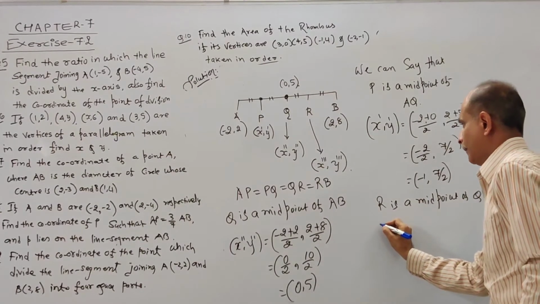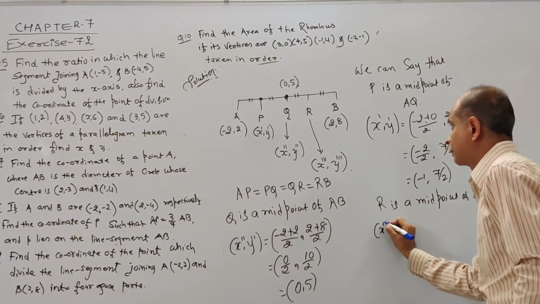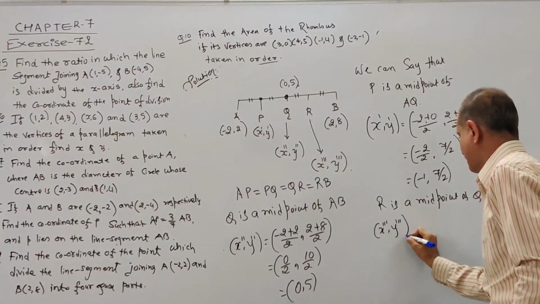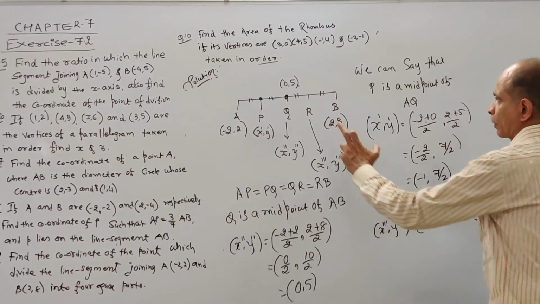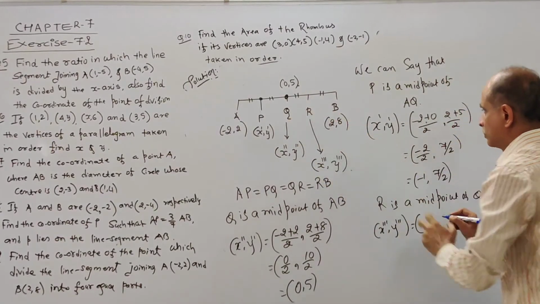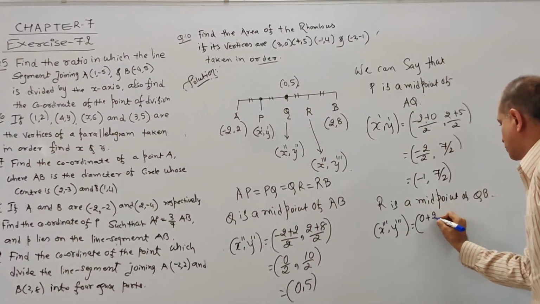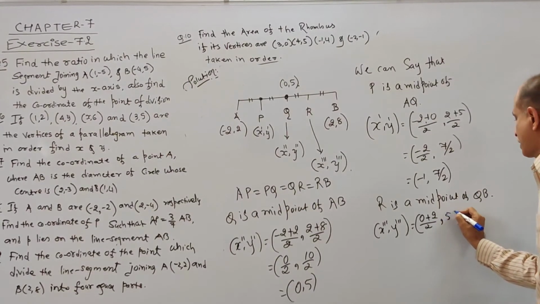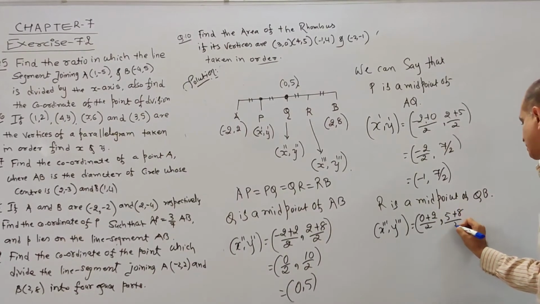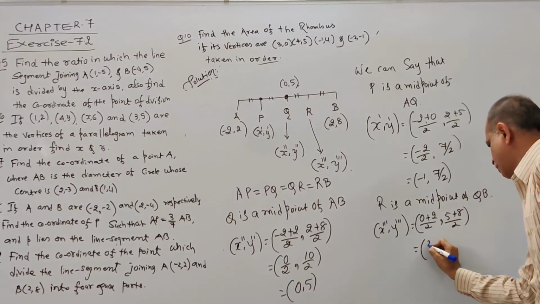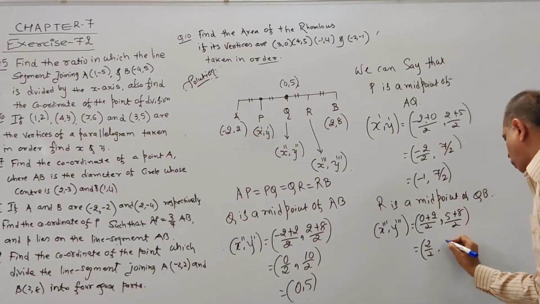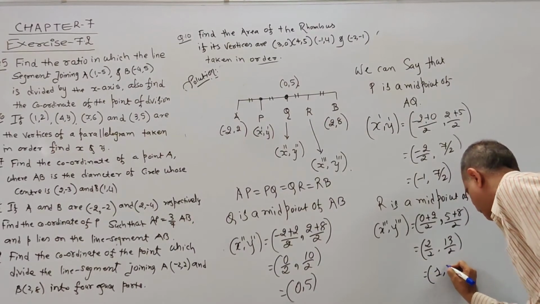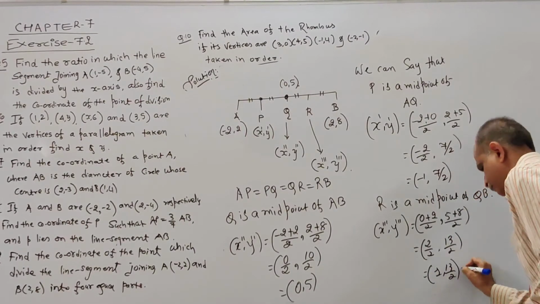So x triple dash, y triple dash is equal to Q and B. So (0 plus 2) by 2 comma (5 plus 8) by 2. Here 2 by 2 comma 13 by 2 is equal to (1, 13 by 2).